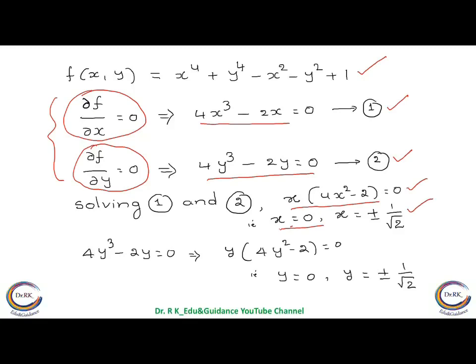Similarly, from the second equation, taking y common, y equal to 0, or y equal to plus or minus 1 by root 2. So here in total we have 4 points at which the first derivatives become zero. That means 4 critical points.